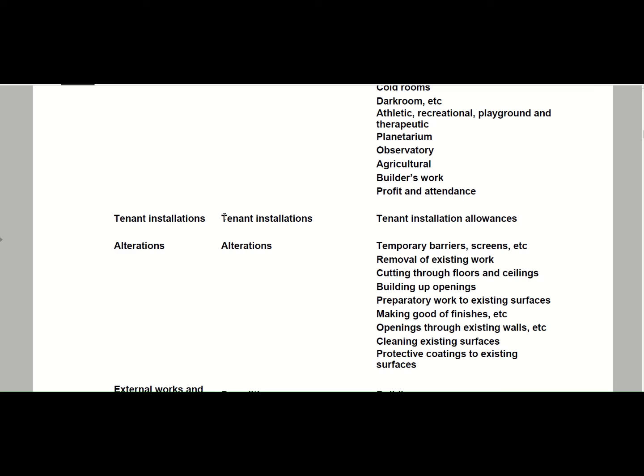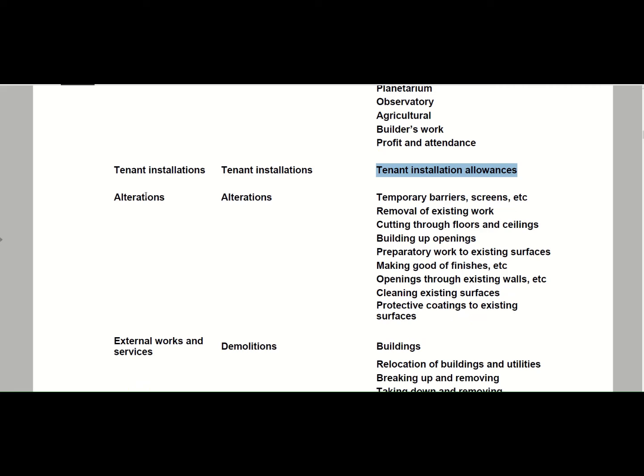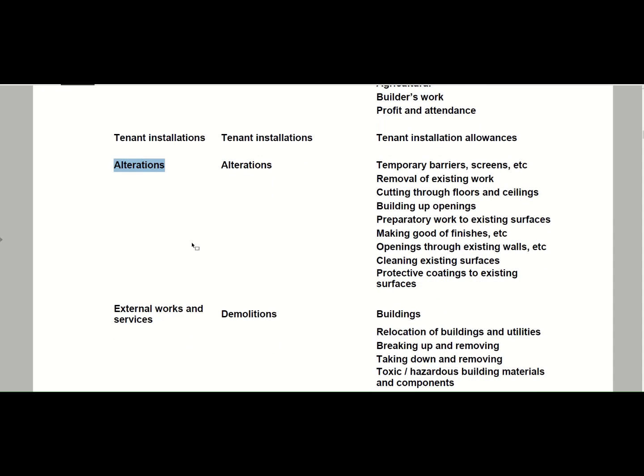Then you've got tenant installations, like for instance, if a tenant has to install a fiber installation or anything like that, which falls outside of any other installations. Then we've got alterations. If you've got an existing building, I don't think anyone has alterations where you have to refurbish a new building, but it's measured underneath your alterations.